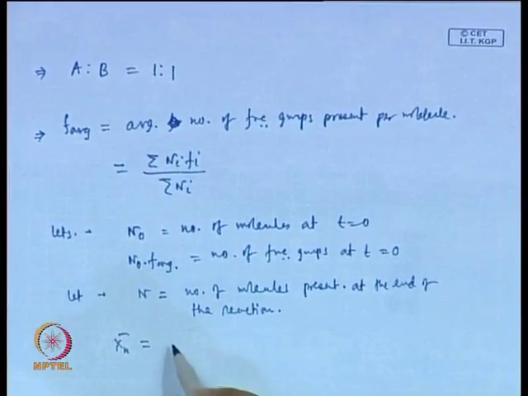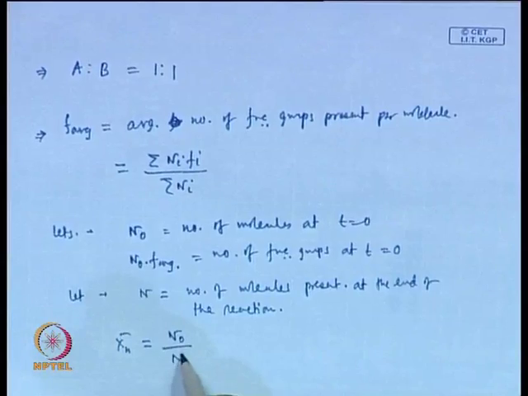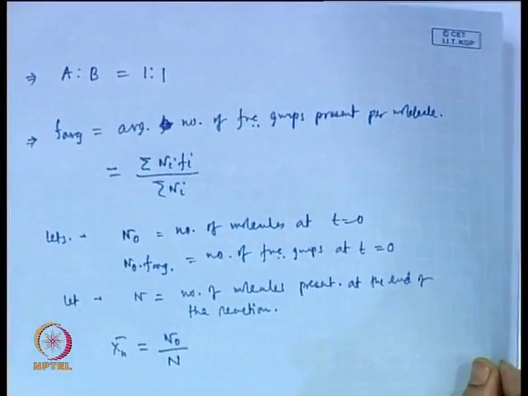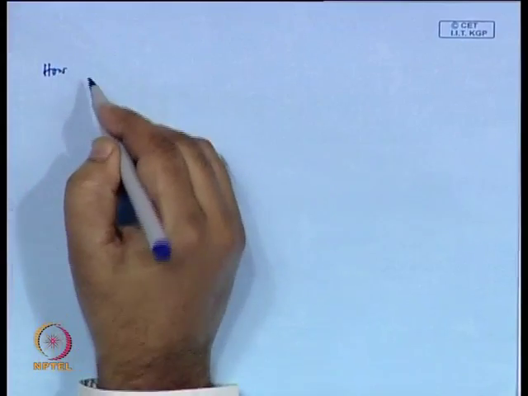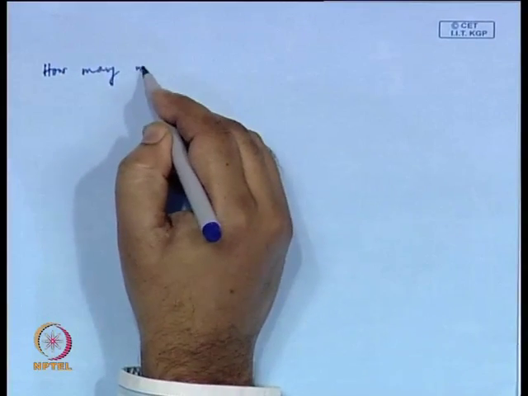As you know from earlier, that is N0 by N. Now, we know that N is the number of molecules present after the end of the reaction, and N0 was the number of molecules present at the beginning. So, how many molecules reacted?